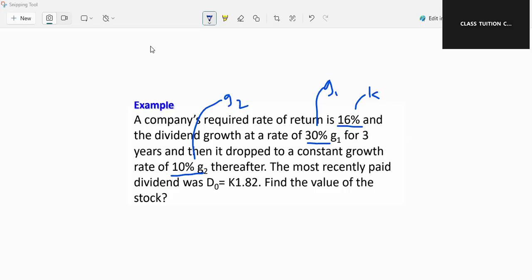So here, what is our D0? 1.82. Then it is growing to year 1, year 2, year 3, and year 4. For the first 3 years, the growth rate is how much? 30%.